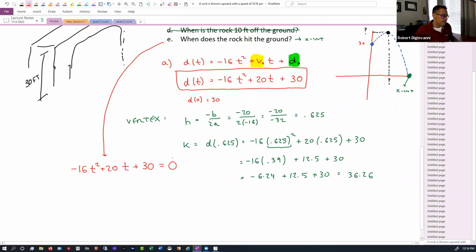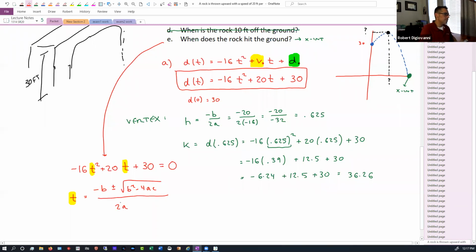And yeah, this is going to kind of suck, but we have to use the quadratic formula. I'm going to write the quadratic formula down, but I want you to notice I'm using t instead of x because our variable in here is t. So I'm putting t equals negative b plus or minus the square root of b squared minus 4 times a times c, all over 2a.